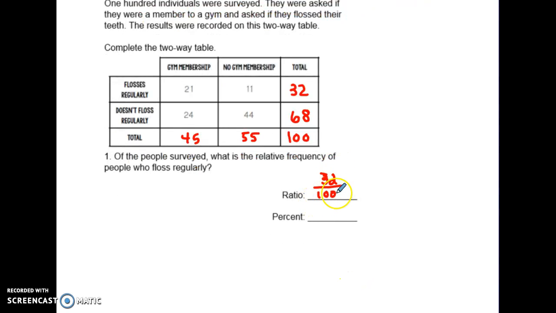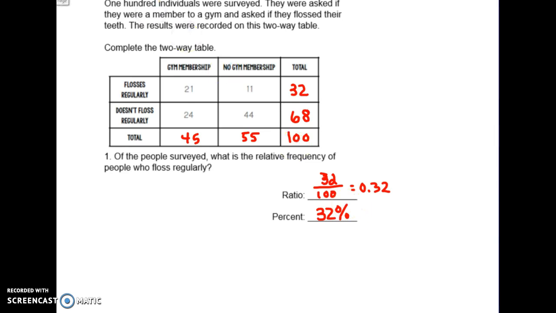And the nice thing about having a total of 100, when you take 32 and divide by 100, you actually get 0.32. This is just another way to write 32 hundredths, but in decimal form. So it converts very easily, and then again, as you move it over 2 places, in other words, multiply by 100 to turn it into a percent, you get 32%. So 32% of the people surveyed said they floss regularly.